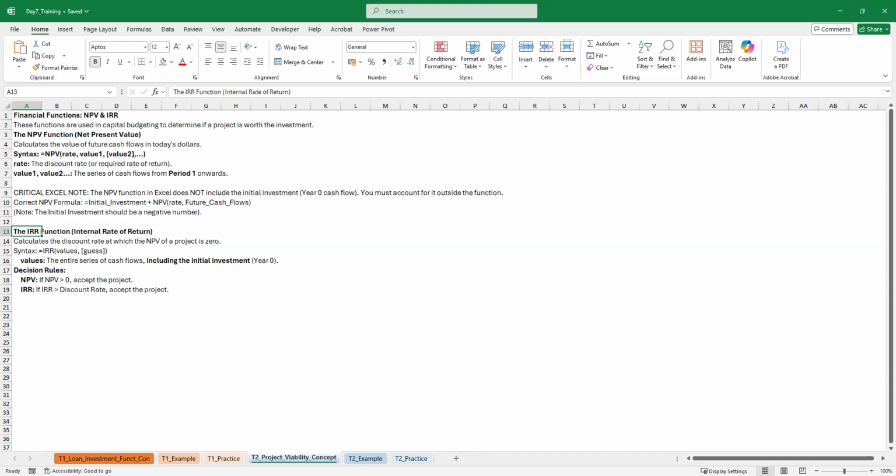The decision rule is simple: if IRR is greater than the discount rate, the project is acceptable. The syntax is simple: IRR and then values. Over here, the decision rules are mentioned: if NPV is greater than zero, the project should be accepted. If IRR is greater than the discount rate, then accept the project.